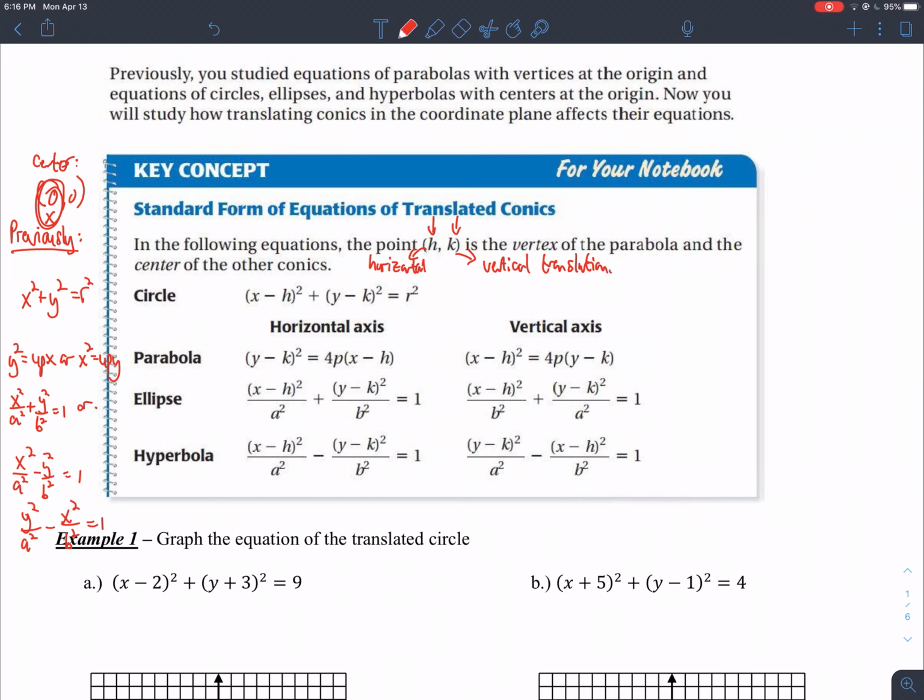So if I go and add an H and a K in the parentheses next to my X and Y in the circle, what it does is it translates the circle H units left or right and K units up or down. Okay, and it's the same here, and the same here, and the same here. H is responsible for horizontal translations, K is responsible for vertical translations. If H is positive, translate to the right. If H is negative, translate to the left. Okay?